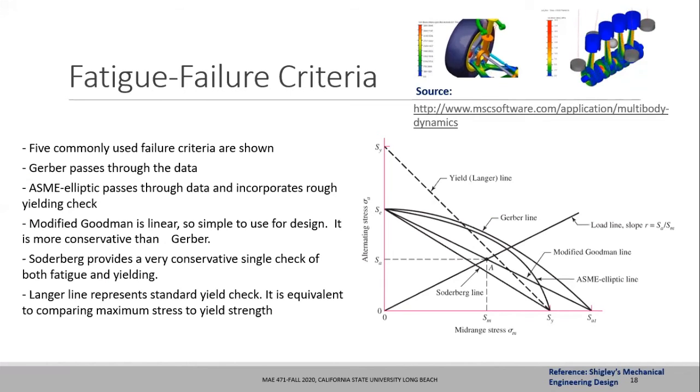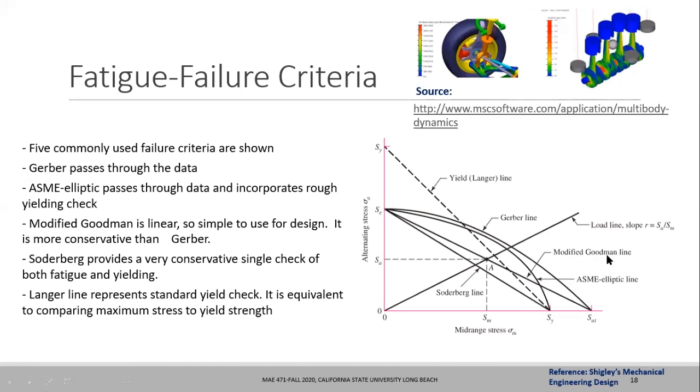And to wrap up our lecture today, as I was mentioning to you, there are many failure theories that exist for fatigue. One is called the ASME elliptic line, Gerber line, Soderberg's line, and so on and so forth. But the most commonly used and referenced fatigue failure criterion is called the modified Goodman line.